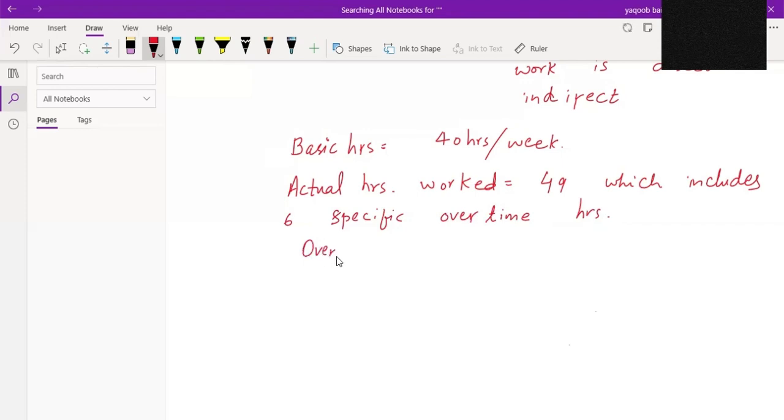The overtime premium is 50% of basic wages.